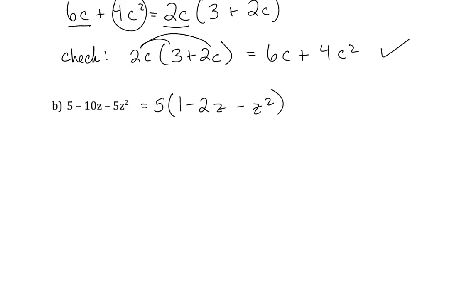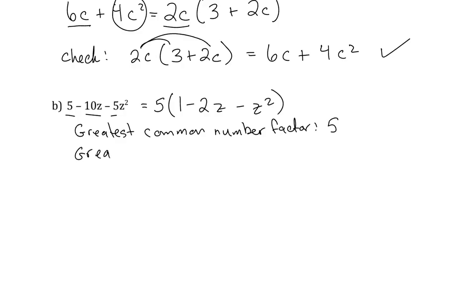Okay, so first things first, what's the greatest common number factor? The greatest common number factor between 5, negative 10, and negative 5 is going to be 5. So I can factor out a 5 from all of them.